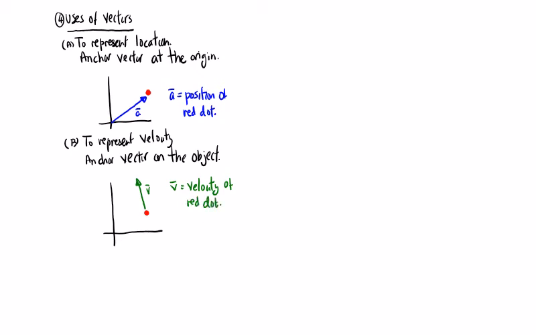We'll also do this for acceleration, but you can see in this case it makes sense to attach it to the object. And then the last place that we'll use this is to represent force. So in this case, we would anchor the vector on the object.